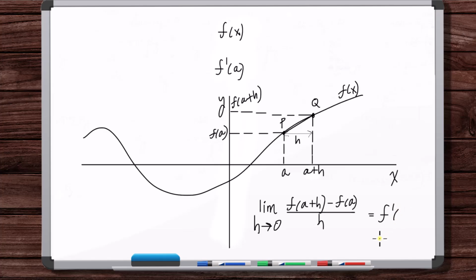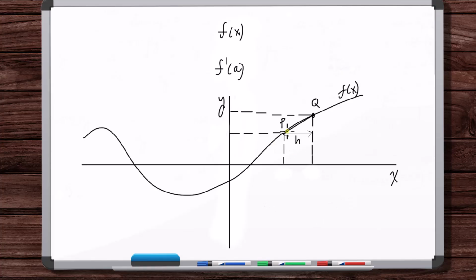Okay, now we saw a third form where you could remove a and f of a for point P and instead call the x-coordinate of point P x1. So the y-coordinate is f of x1, point P, and the x-coordinate of point Q x2, and then the y-coordinate of point Q would be f of x2.